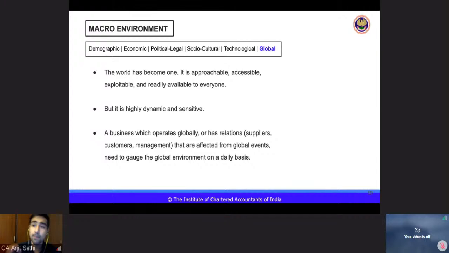Anyone can access this, but it is highly dynamic and sensitive, right? So the global environment is really dynamic. It is changing because we have 192 countries in the world with different government, different demographics, different economy, different political legal structure. Everything clubs into global, right? If you understand from this perspective, when I'm understanding the global perspective, all components of macro will actually be taken care of when I have a global perspective.